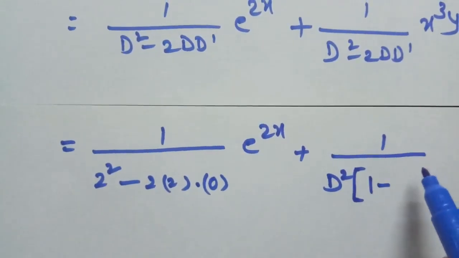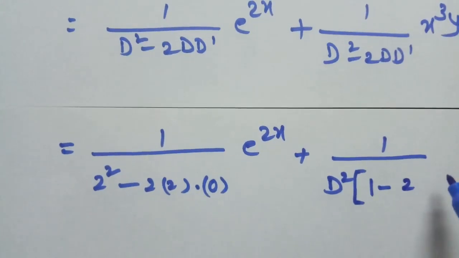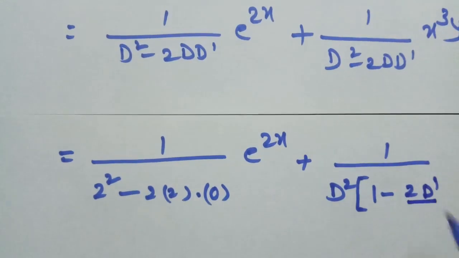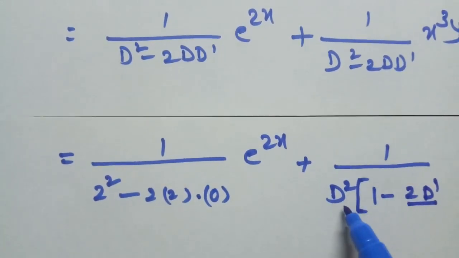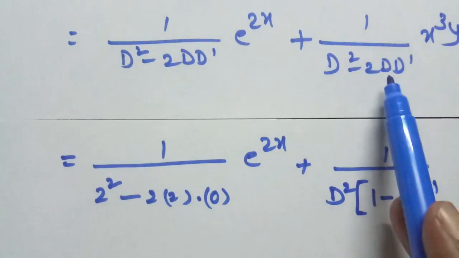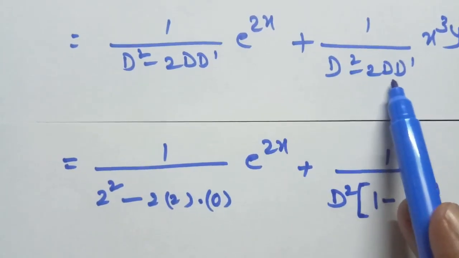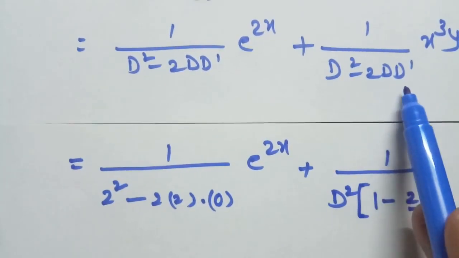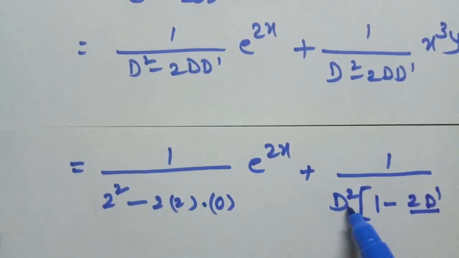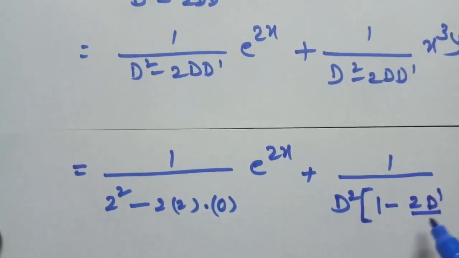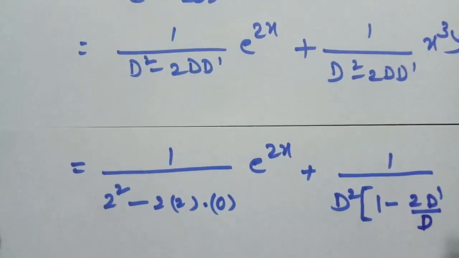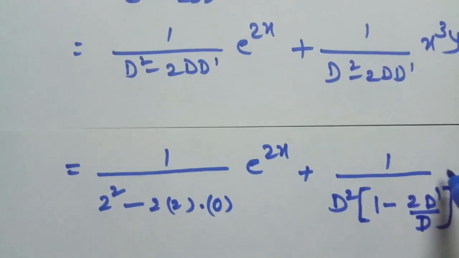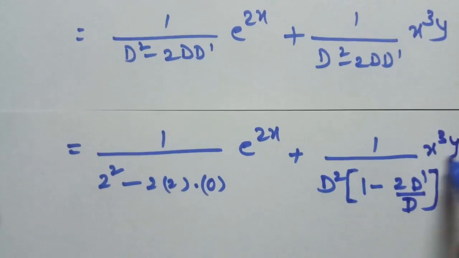So 1 minus 2 into D dash by D. We have taken out D square as a common factor, here only D, therefore multiplying and dividing by D we get 2D dash by D, into x cube into y.